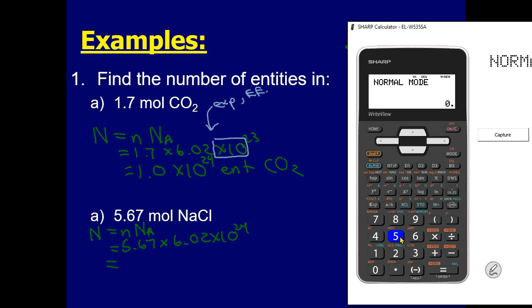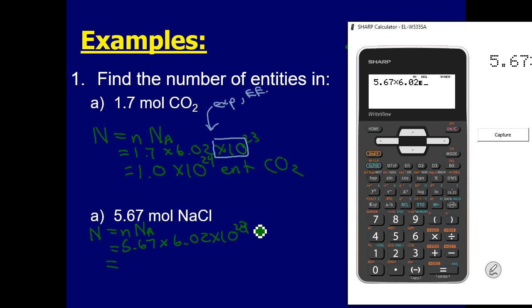5.67 times. Now the scientific notation, 6.02 EXP. Oh, sorry, that's not a 24. That's supposed to be a 23. 23. There it is.